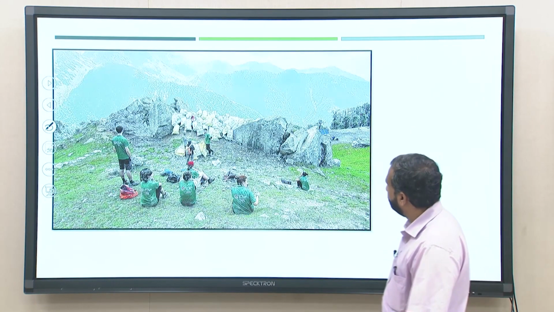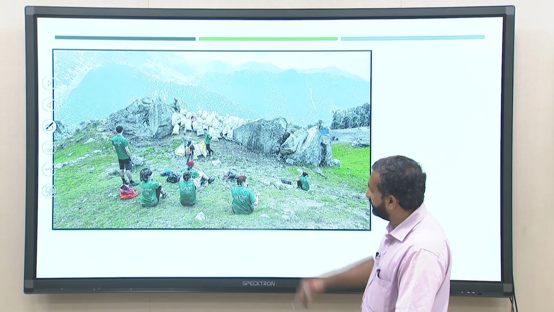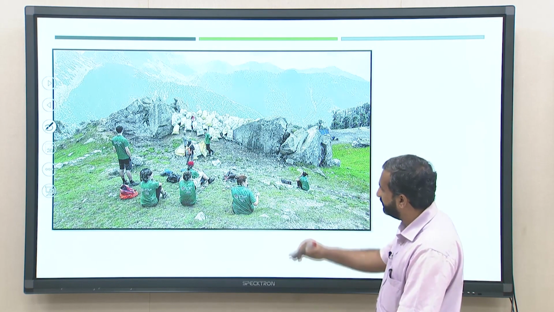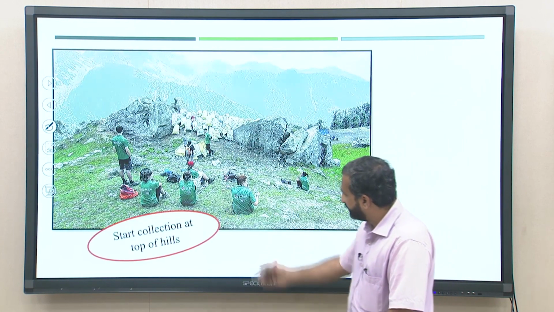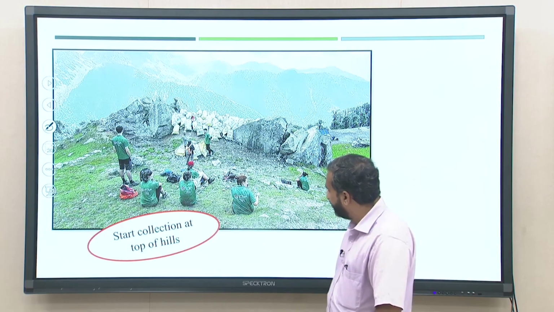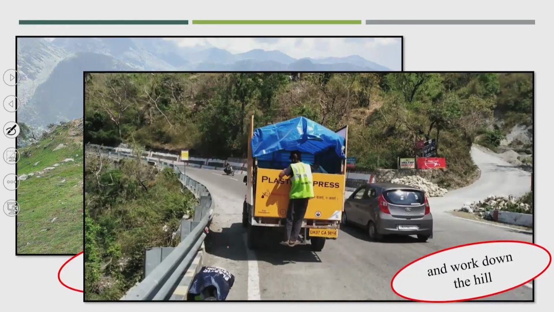So here one photograph you can see. I think we can start from the topography, so that we can start the collection from the top of the hill and work downward. Once the vehicle is filled up, go to the downward of the hill.